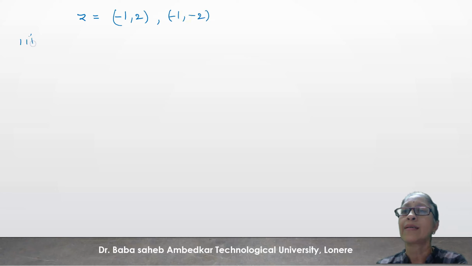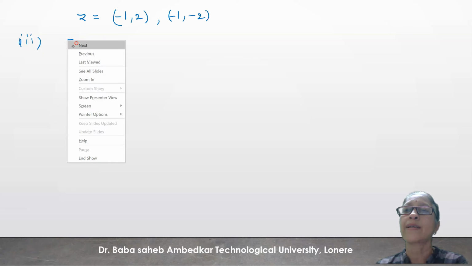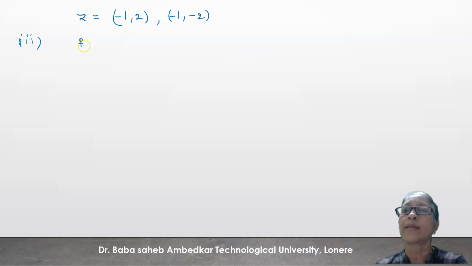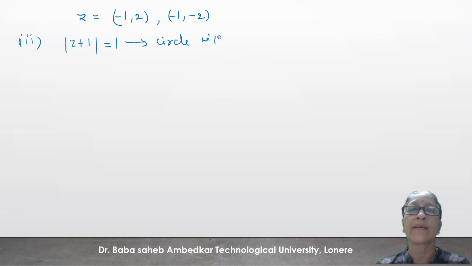Now in the third step, we draw that curve. Here the curve is mod z plus 1 equal to 1. So this is a circle with center minus 1, 0 and radius 1.